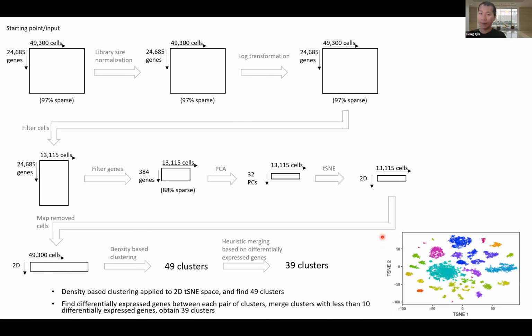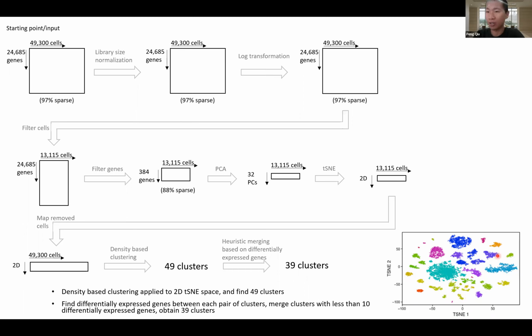Okay, and then their next step was density-based clustering. So they have this t-SNE map containing many dots, and they form clusters or islands as we see. If we perform density-based clustering analysis, the algorithm will essentially identify each island as a particular cluster.